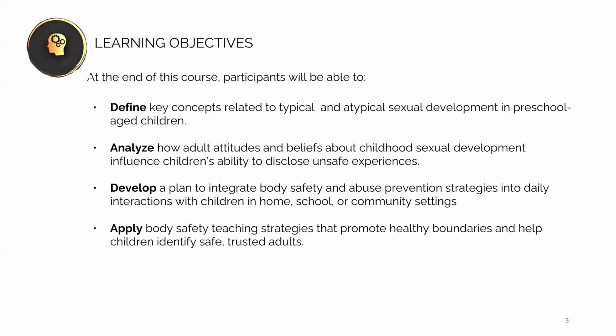Our learning objectives for today. So by the end of today's course, you should be able to define some key concepts related to typical and atypical sexual development in preschool-aged children, analyze how adults' attitudes and their belief systems about child sexual development influence children and their ability to disclose unsafe experiences, develop a plan to integrate body safety and child abuse prevention strategies into daily interactions with children in the home, the school, and other community settings.